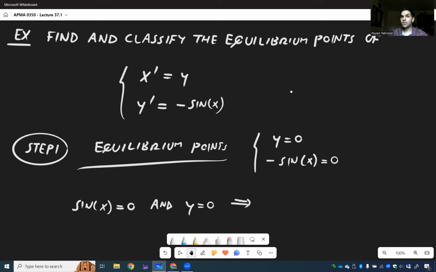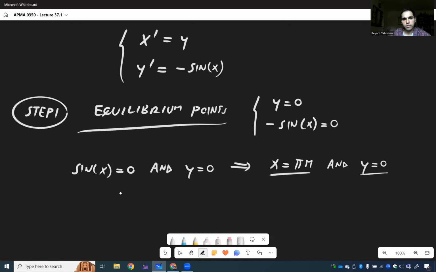And I like to remind you, the zeros of sine are mπ. So x is mπ and y equals 0.